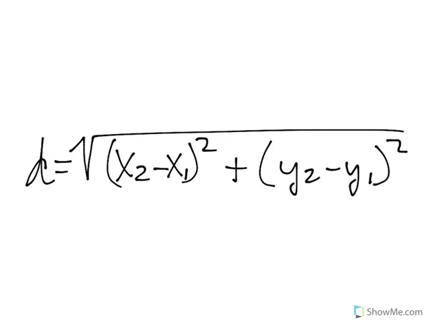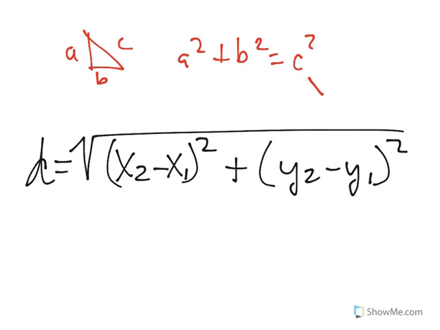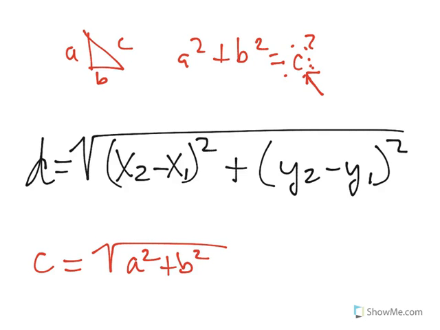And finally, where did that come from? It came from the Pythagorean theorem, a, b, c, which is a squared plus b squared equals c squared. All we did was solve for c, and it came from c equals the square root of a squared plus b squared. Okay. Good luck.